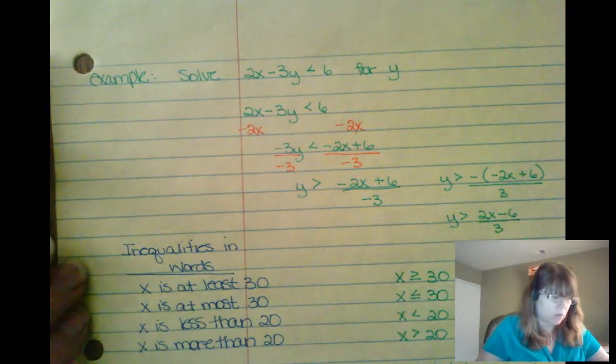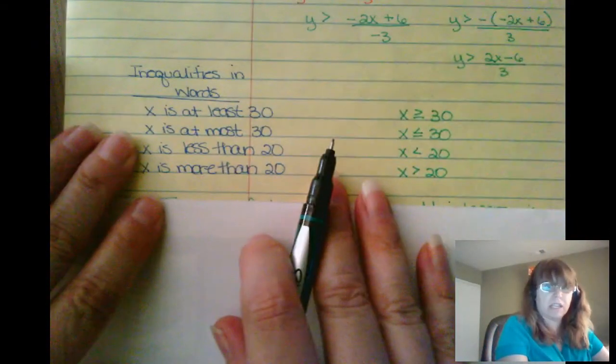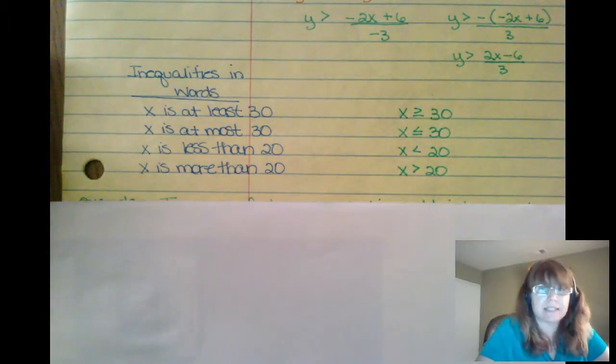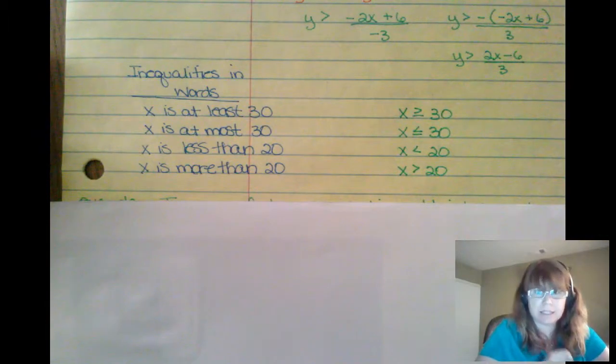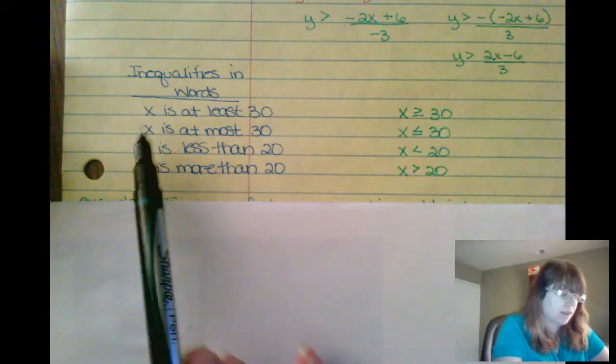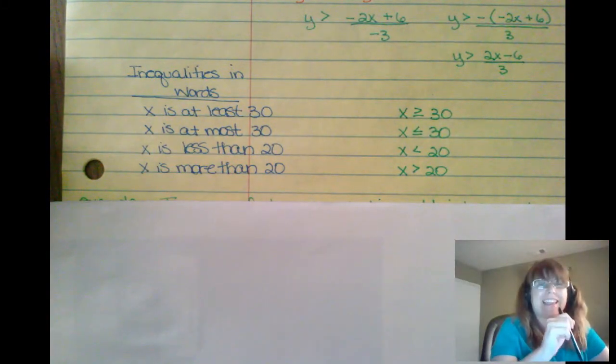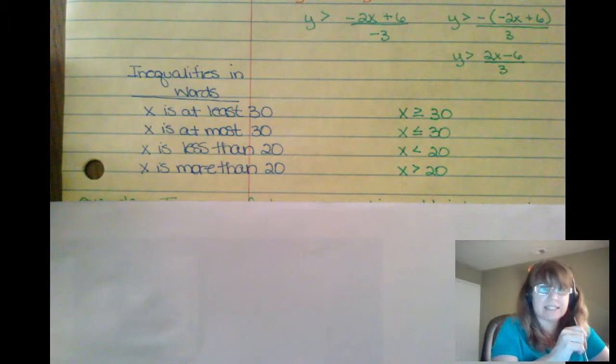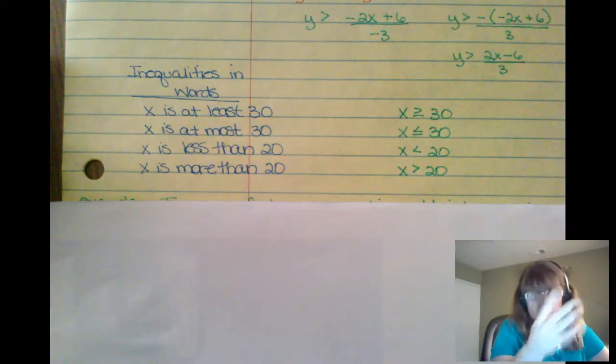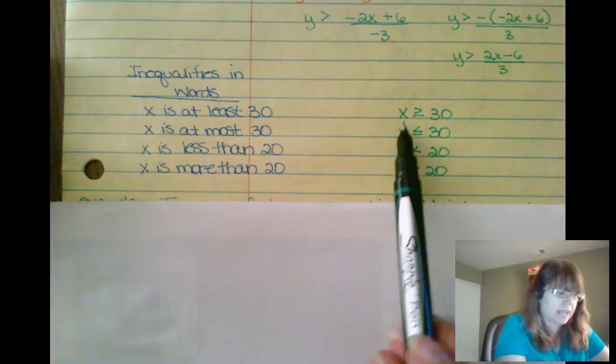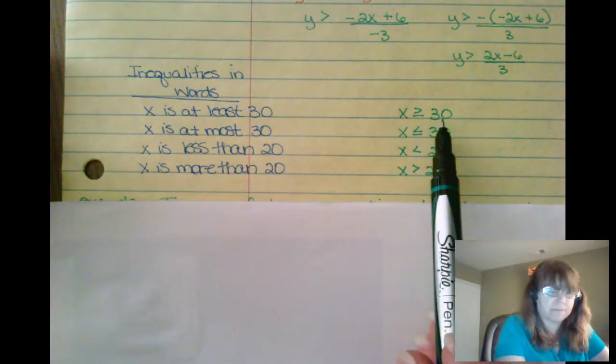There are some things that you want to be aware of. Inequality in words: x is at least 30. At least means it can be 30 as well as anything greater than 30. So x is greater than or equal to 30.